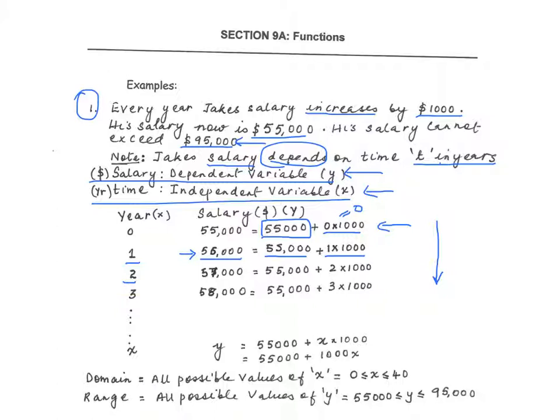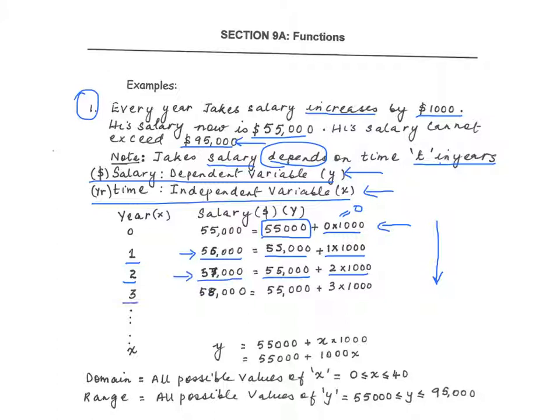In the second year, so now 2 years have passed by. For every year, he gets an increase of $1,000. So in 2 years, it would have to be 2 times $1,000, which is $2,000, and that is added on to 55,000, which makes it $57,000.